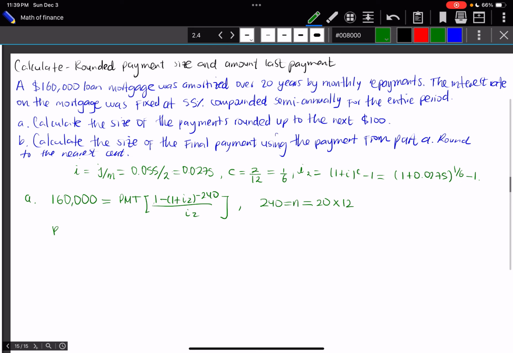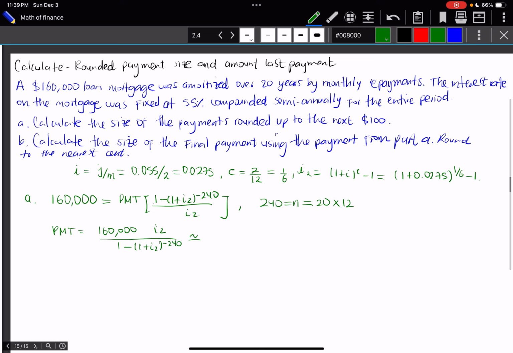So PMT turns out to be 160,000 multiplied by I2, and all that gets divided by 1 minus (1 plus I2) to the minus 240. We could use a calculator to compute this value with I2 equal to this expression.